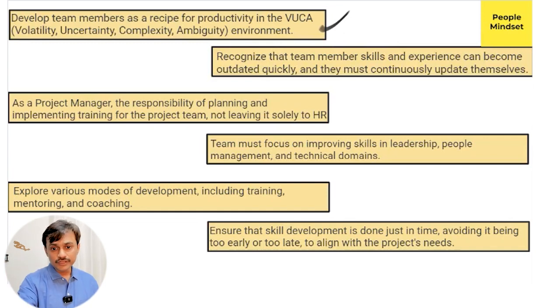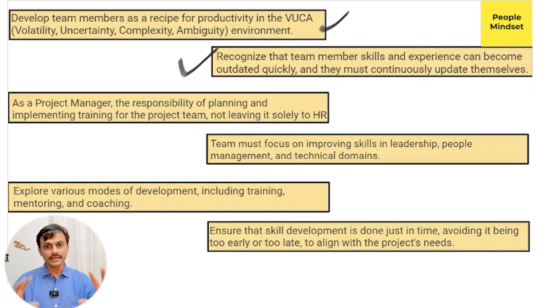Now, second thing, we need to recognize that team member skills and experience can become outdated very quickly. Somebody will say, I'm doing a project, I will hire the right people. There are no right people, because the right people might be right-skilled, experienced people in the beginning, but since the requirements are dynamic, the environments are dynamic, and the complexity in the project is changing, as a project manager, I can't assume that I have the right skills and competency in my project team and I don't have to worry about it.